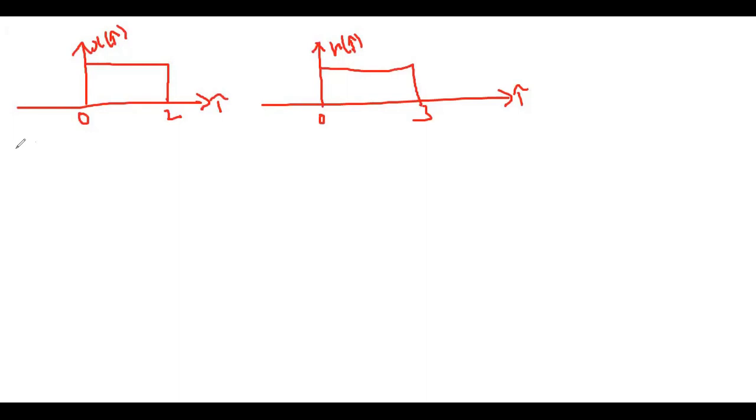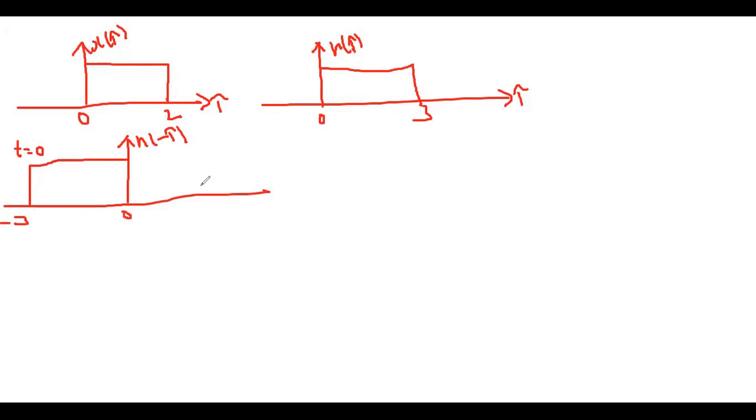In the first step, at t is equal to 0, there is a folded function h of minus tau. It starts from 3 and 0, down to minus 3 and 0. So compare these two: one is from 0 to 2 and the other from minus 3 to 0. There is no overlapping. So y of 0 has the value 0.